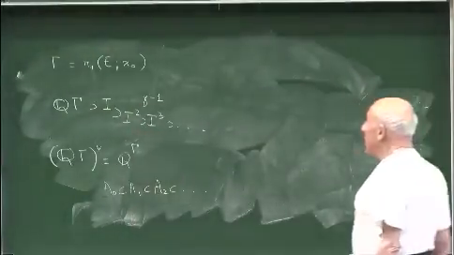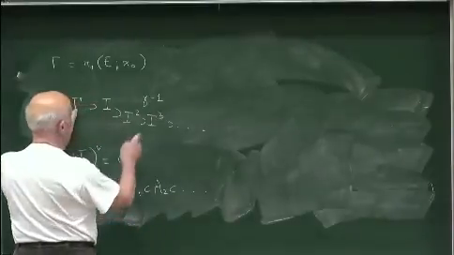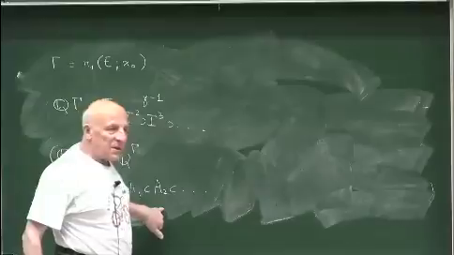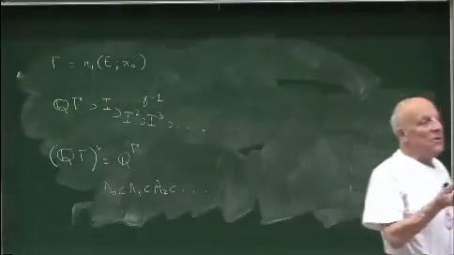When you factor Q gamma by a power of I, it's an algebra. By duality, these are co-algebras. So there's an increasing sequence of co-algebras.